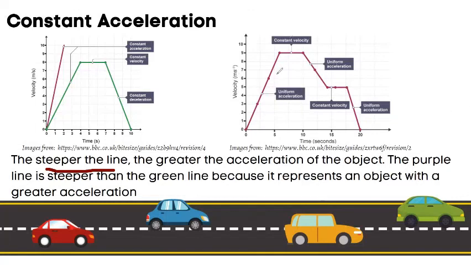So dito naman sa figure na to, we can see that there is a uniform acceleration here, and constant velocity, so there's no acceleration. So kahit deceleration, you have uniform acceleration. And again, a constant velocity and a uniform acceleration. So that is the graph for the constant acceleration.